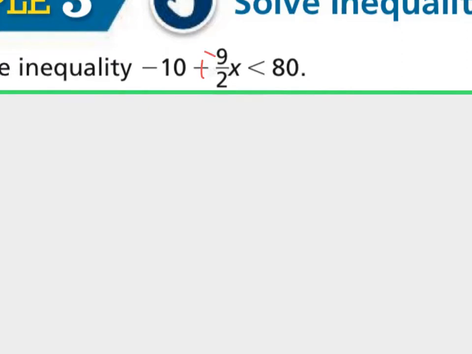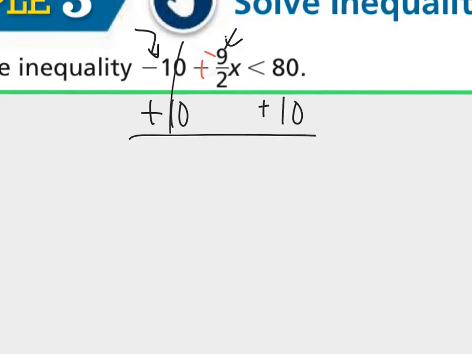What we want to think about is we want to get that variable term by itself. We want to get the negative 9 halves x by itself. So really, to get that by itself, we have to get rid of this negative 10. To get rid of a negative 10, what would we have to do? Good. We would need to add 10. We need a positive 10 to cancel out a negative 10.